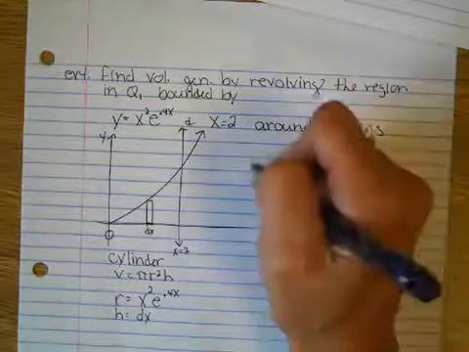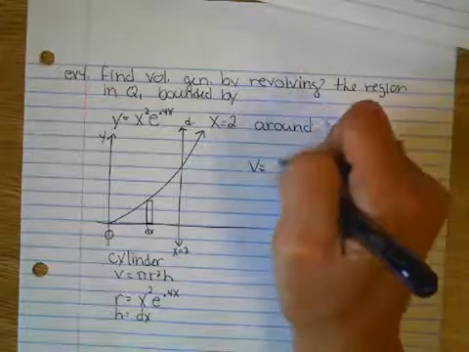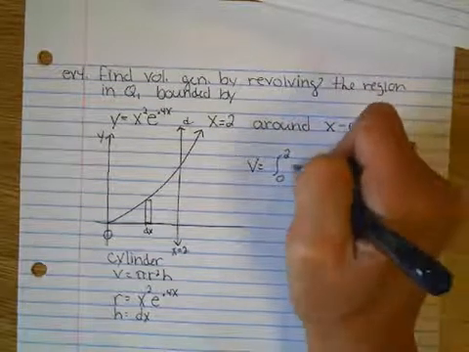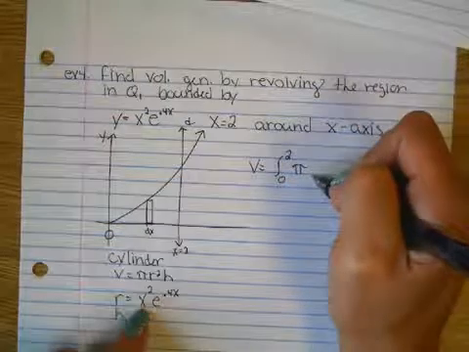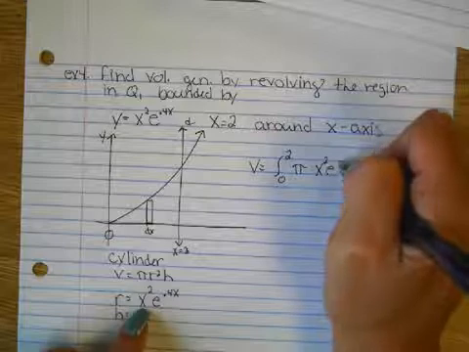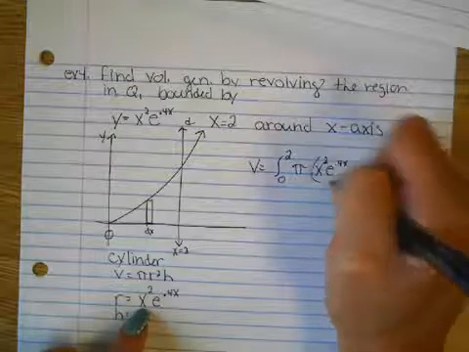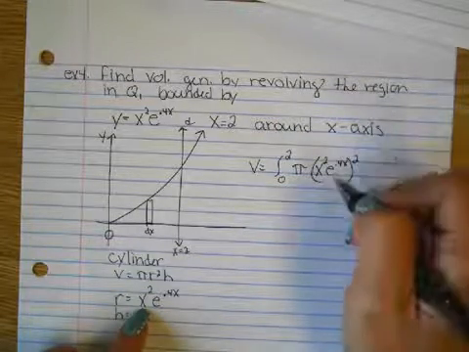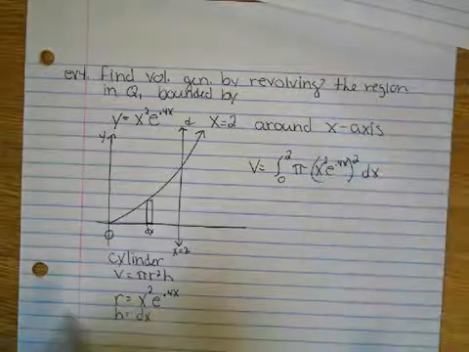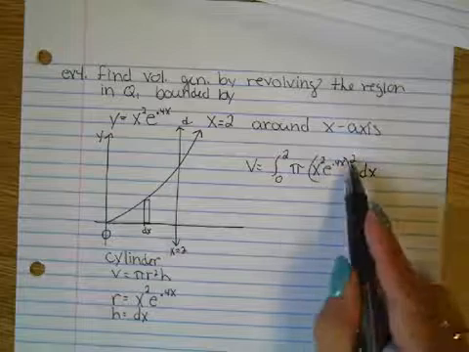So we're ready. So the volume can be found by integrating from 0 to 2 pi times our equation x squared e to the 0.4x. That whole thing has to get squared. The radius is squared, and then dx. So I'm going to distribute that in.